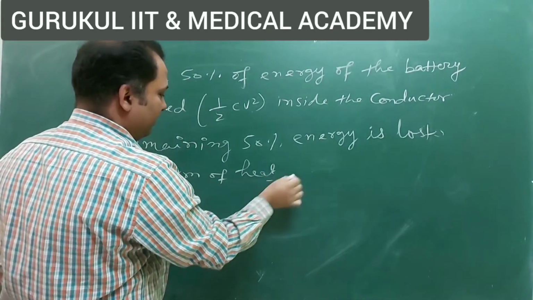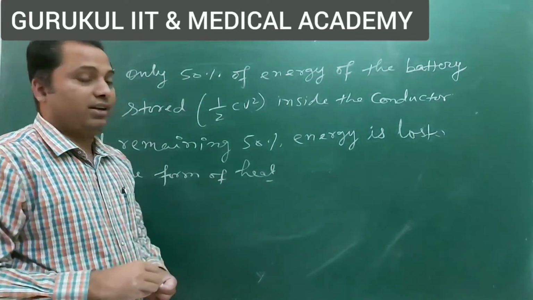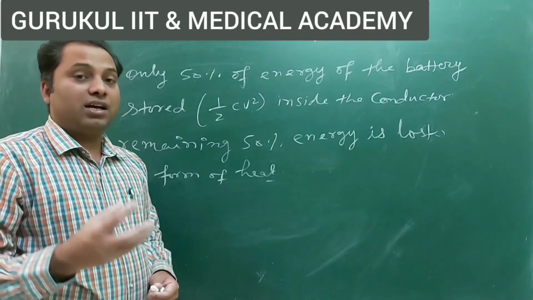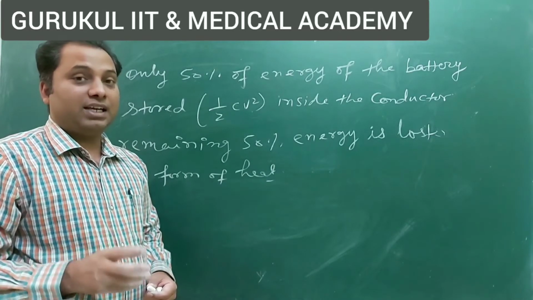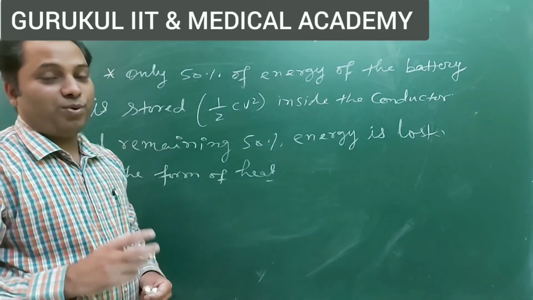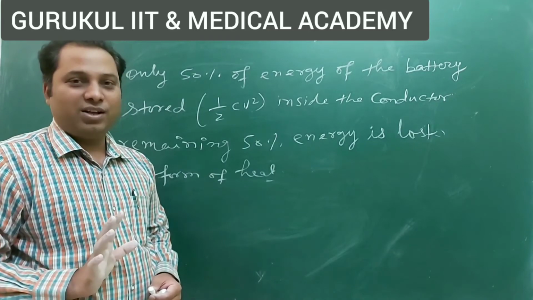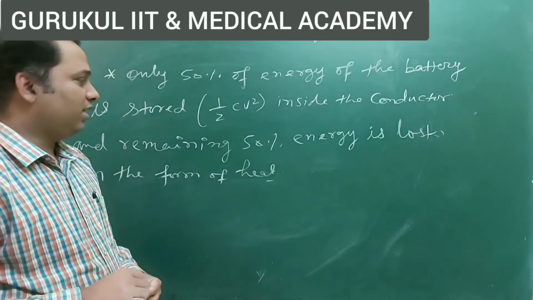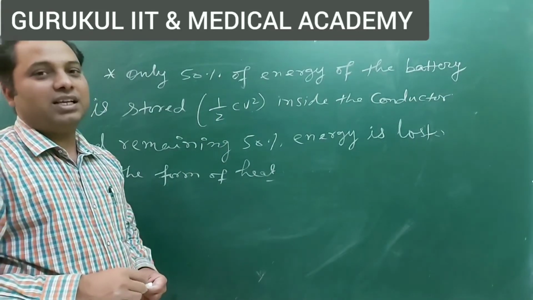Okay, got it? And here we are discussing the energy half C V square. This is the energy of the isolated conductor, but the electrical potential energy between two charges is 1 upon 4 pi epsilon naught Q1 Q2 upon R. You should have no confusion, because we previously studied that energy.